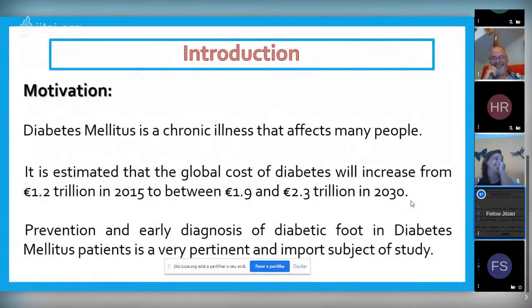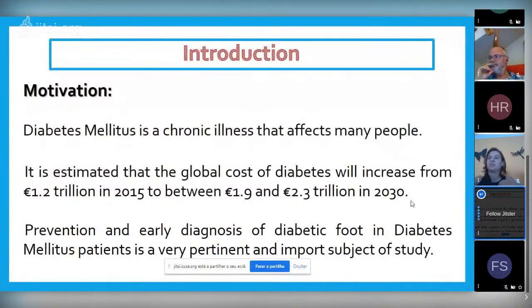Well, for instance, in 2015, 1.2 trillion euros were spent on this disease, and it is expected that this amount almost doubles by 2030. Additionally, diabetic foot is one of the main complications of diabetes, and between 12 and 25% of diabetic patients develop ulcers during their life.